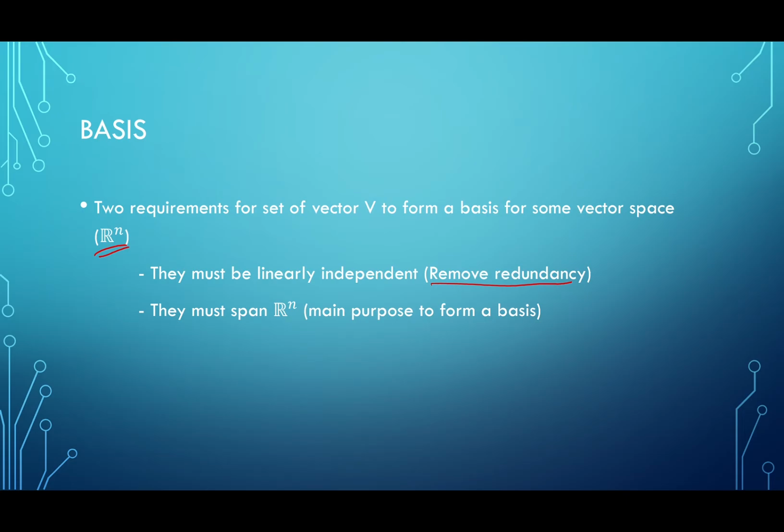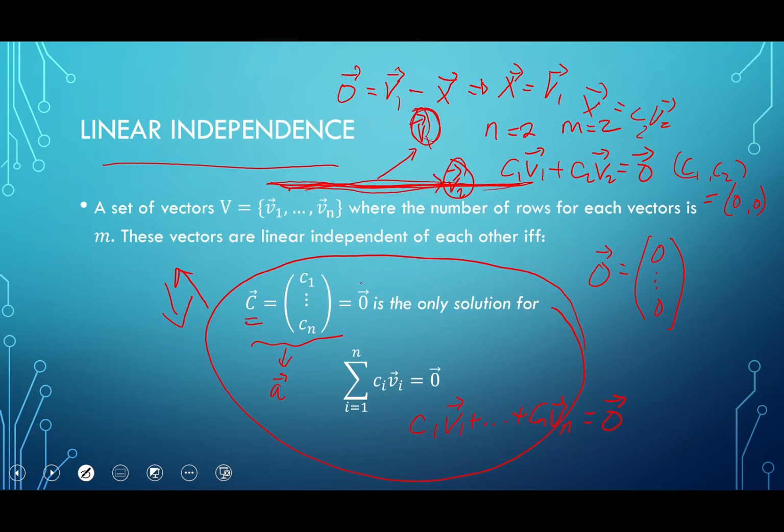Our main purpose in forming a set of vectors is that it will span Rn. If we consider R2 or R3, in R2 it is sufficient to make a linear combination of two vectors like this, as we have discussed here.